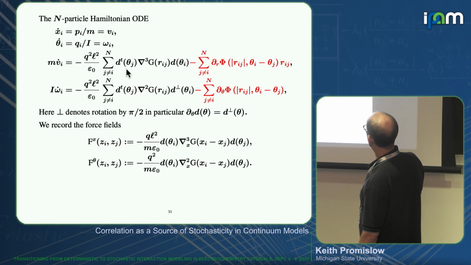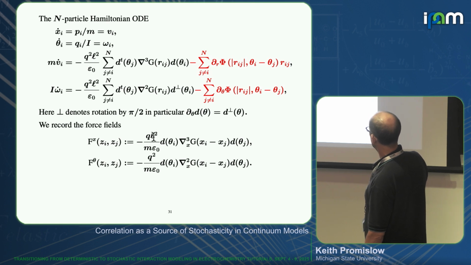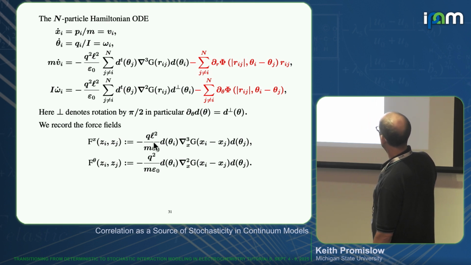So in fact, I'm going to record that f super x is this guy up here, and f super theta is the second one here. And one of the big differences is the scaling. This is L squared. The x is much smaller, so this is much bigger. I think I divided by m and I here to get here. So when I divide this by m and this by I, this one is much smaller, so this guy gets much bigger.